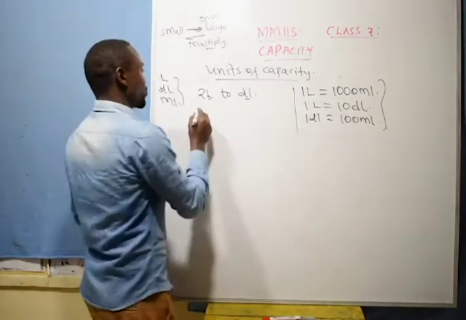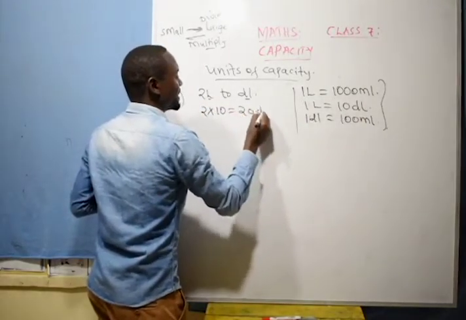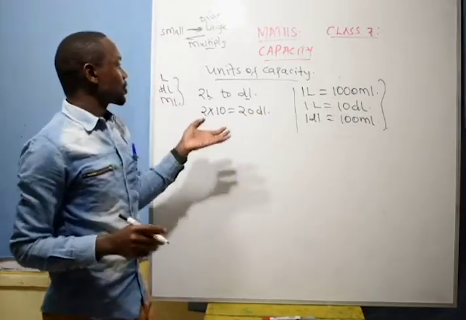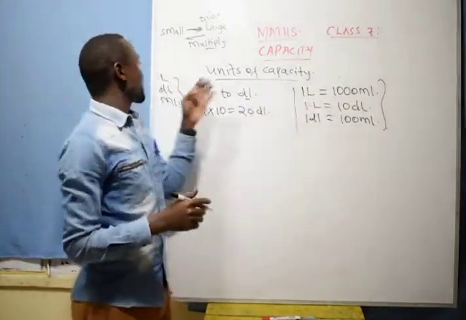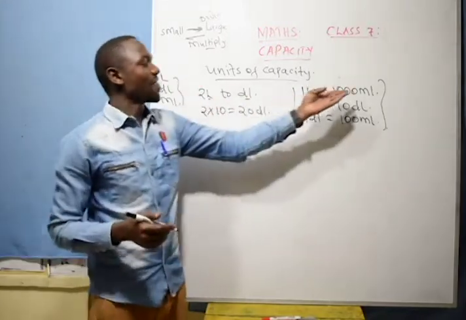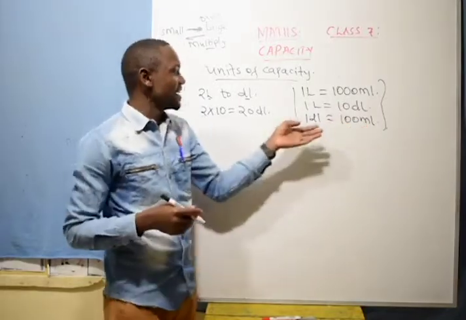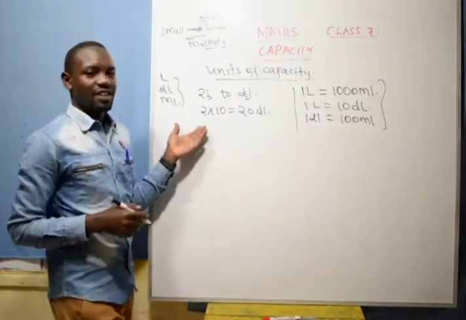So for 2 liters, you multiply 2 times 10, which is 20 deciliters. So when you are converting from large unit to small unit, we multiply either by 1000, by 10, or by 100, depending on the units given.